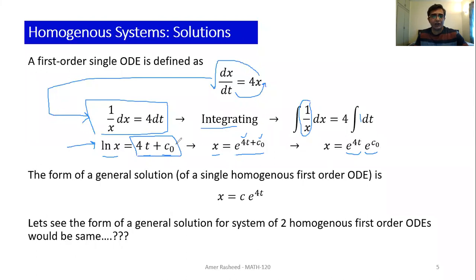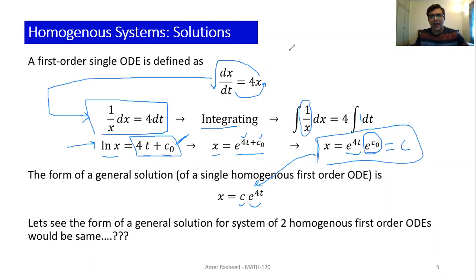Now c naught is a constant of integration, so e raised to the power c naught is again a constant. So I can put this equal to some constant c. And in general, this solution can be written in this form: c times e raised to the power 4t.